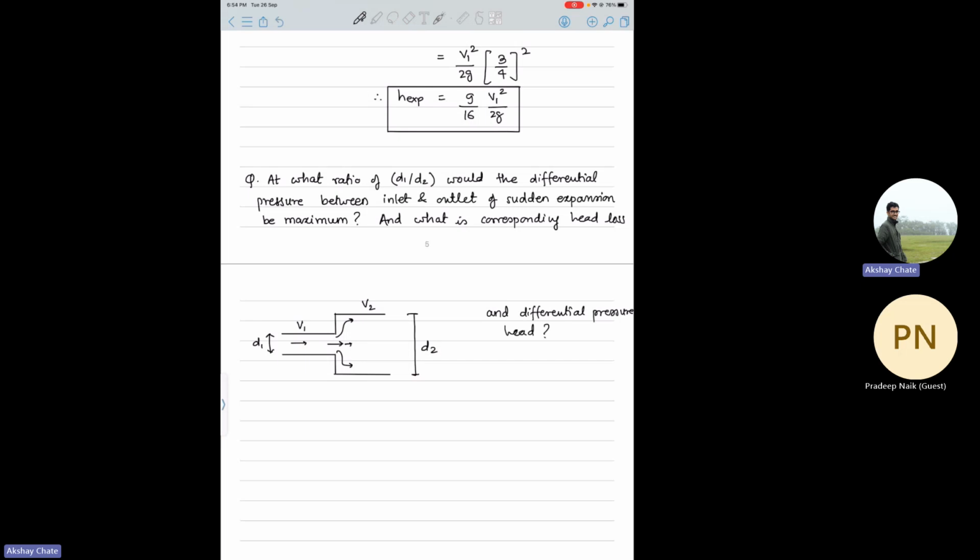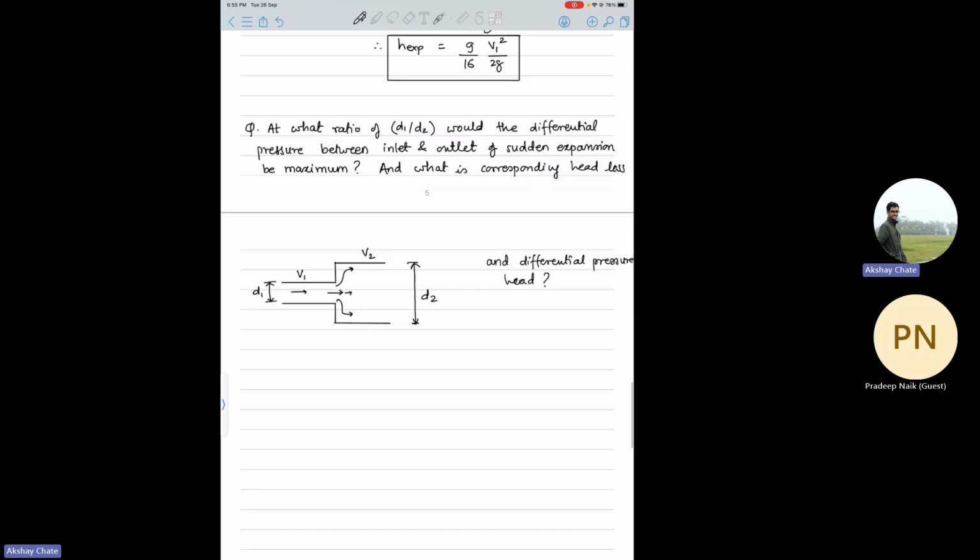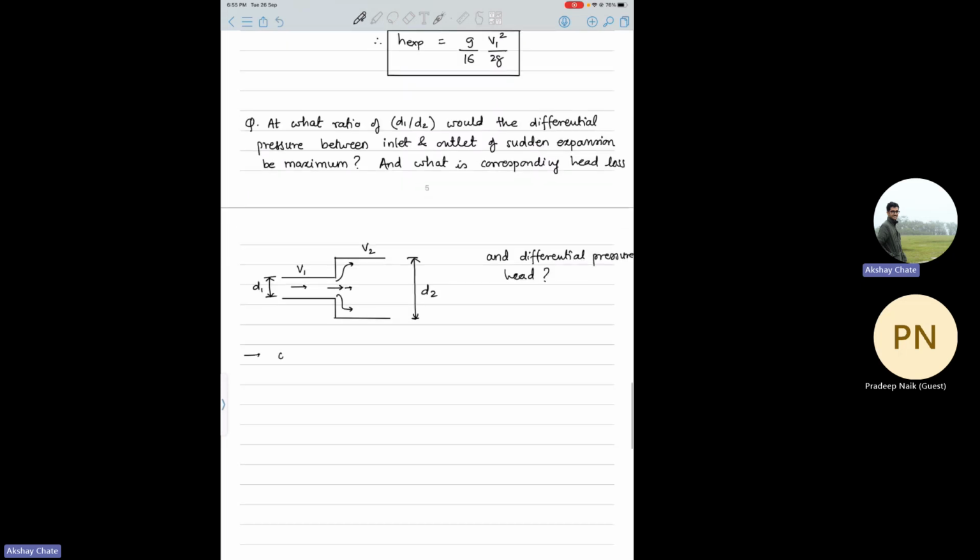So I think this is the most advanced level of problem that I've come across from this section of minor losses. Anyway, the thing remains the same. We know that head loss due to expansion is nothing but (V1 minus V2) square by 2G.